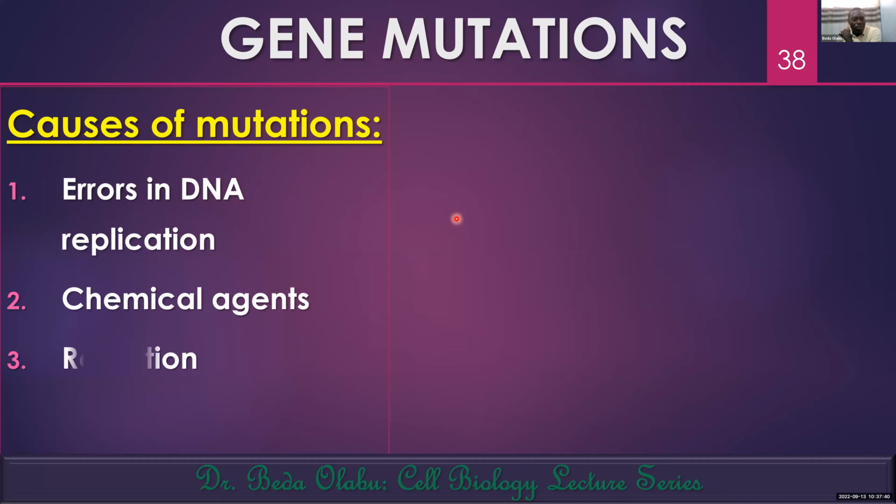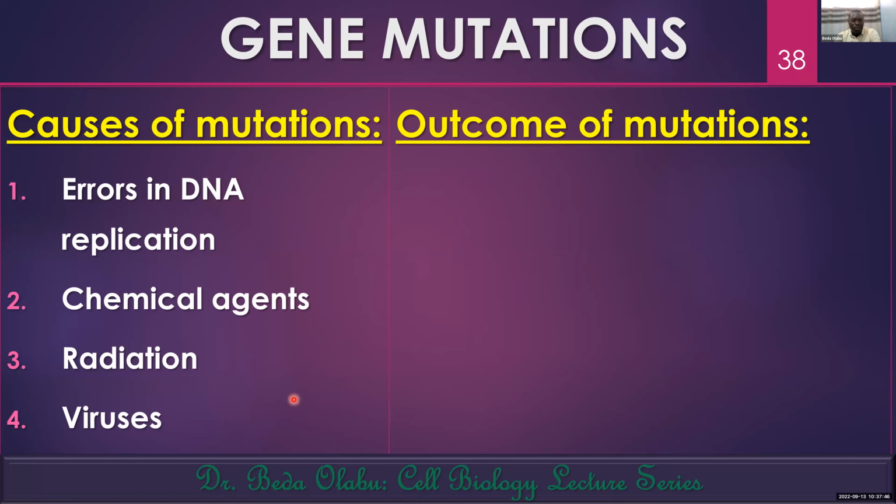So the causes of mutations, I've already told you this before, but let me also give you the outcome of mutations. What's the outcome? If a mutation takes place, most of the time, the DNA will be able to repair itself.